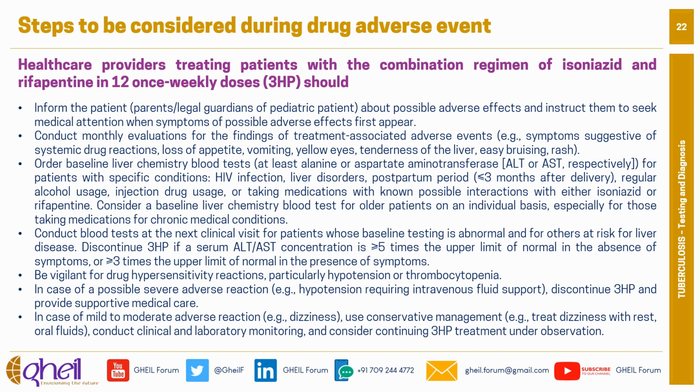In case of a possible severe adverse reaction, for example, hypotension requiring intravenous fluid support, discontinue 3HP and provide supportive medical care. In case of mild to moderate adverse reaction, for example, dizziness, use conservative management, for example, treat dizziness with rest, oral fluids, conduct clinical and laboratory monitoring, and consider continuing 3HP treatment under observation.